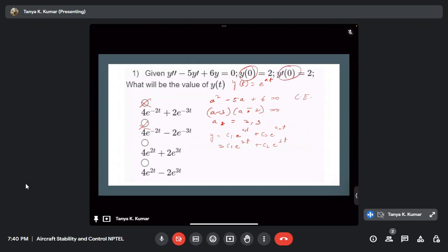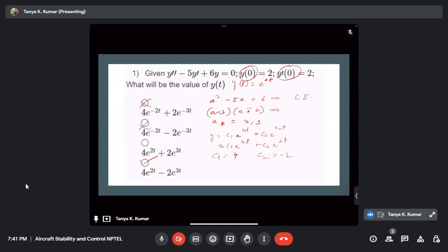You get two equations and two variables, c1, c2, and you can find them. Okay, so you get c1 as 4 and c2 as minus 2. So the final answer is this one. Right? Okay, let's go to the next question.